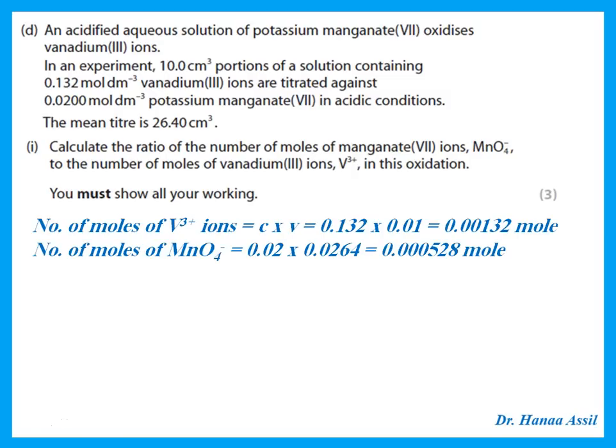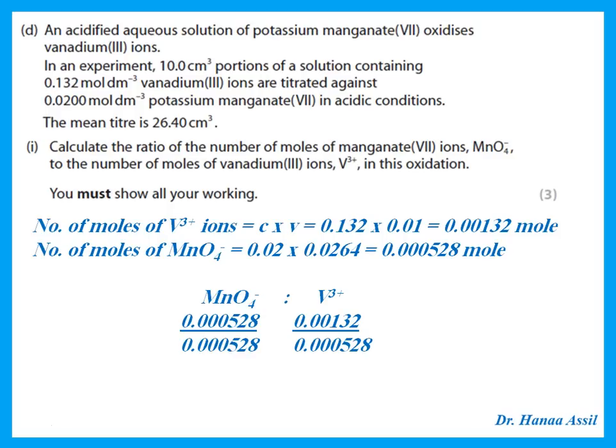Now, doing the same for the manganate, the concentration is 0.02 and the volume is 26.4 cm3, so you divide that by 1,000. That gives the number of moles of manganate ions. What would be the ratio between these? We divide by the smallest, and that gives me a ratio of 1 to 2.5, or a ratio of 2 to 5.